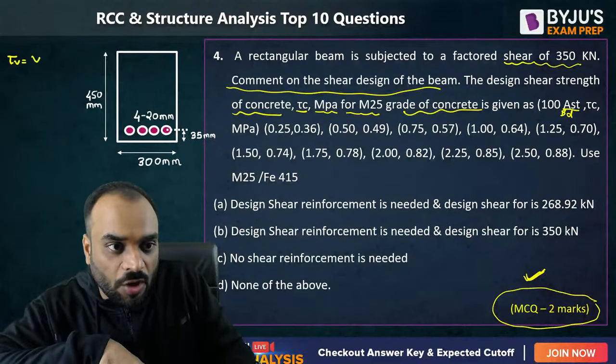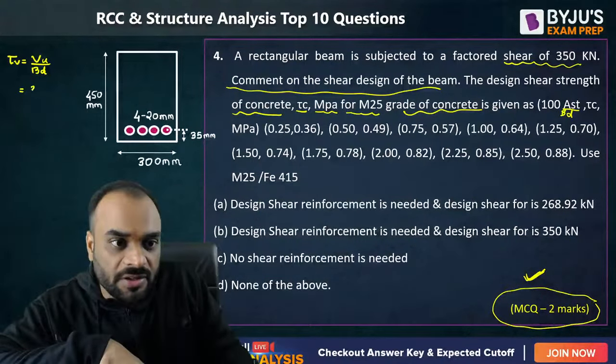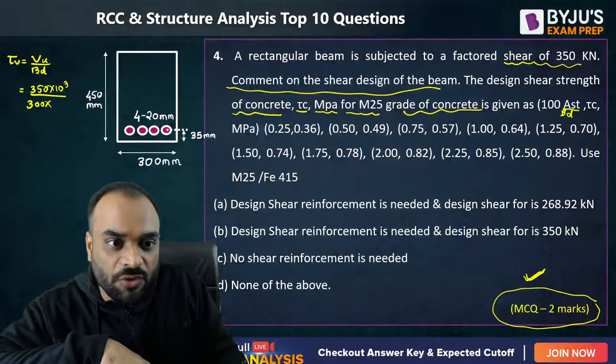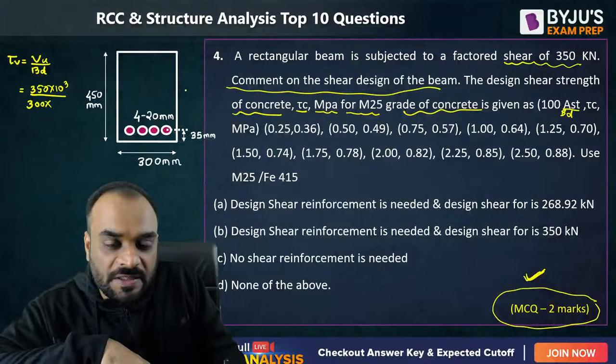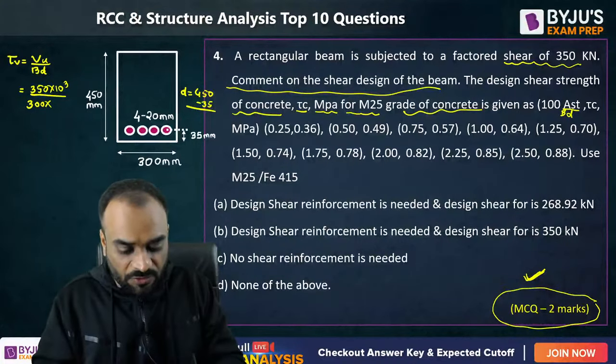What is the value of tau v? Tau v is equal to Vu upon B into d, correct? What is the value of design shear force? It is already given, 350. So 350 multiplied by 10 raised to power 3 divided by B. B is 300. And small d is equal to how much? This is 450 minus 35.